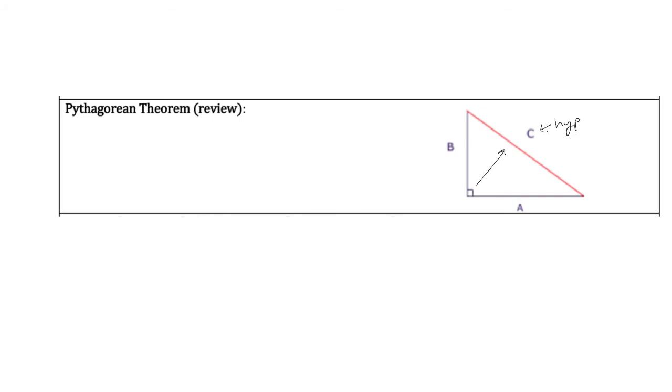Our Pythagorean theorem is a squared plus b squared equals c squared, where c is your hypotenuse, and this is for only right triangles. And that's our Pythagorean theorem.